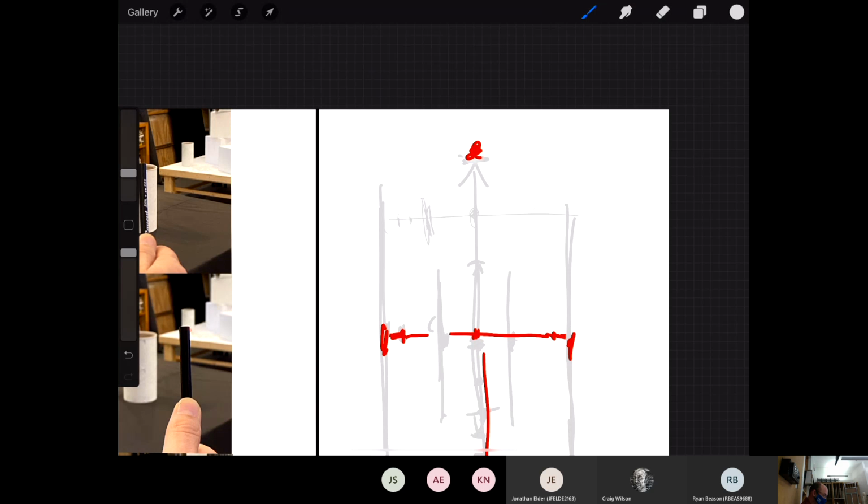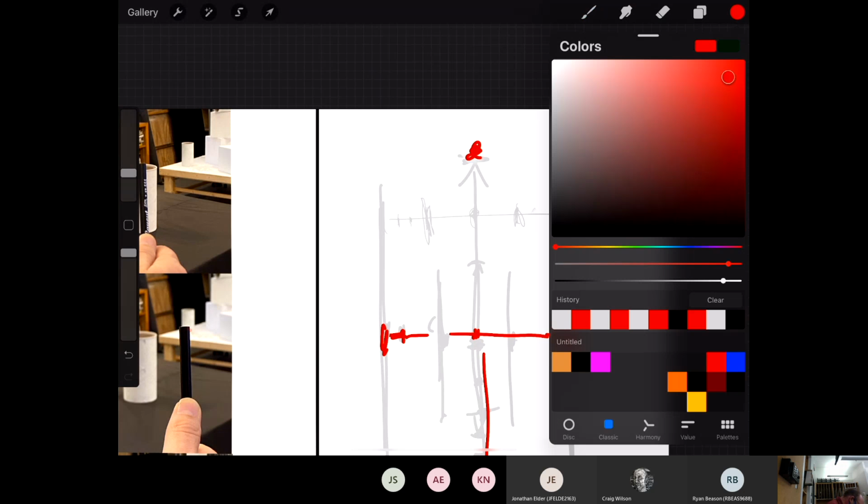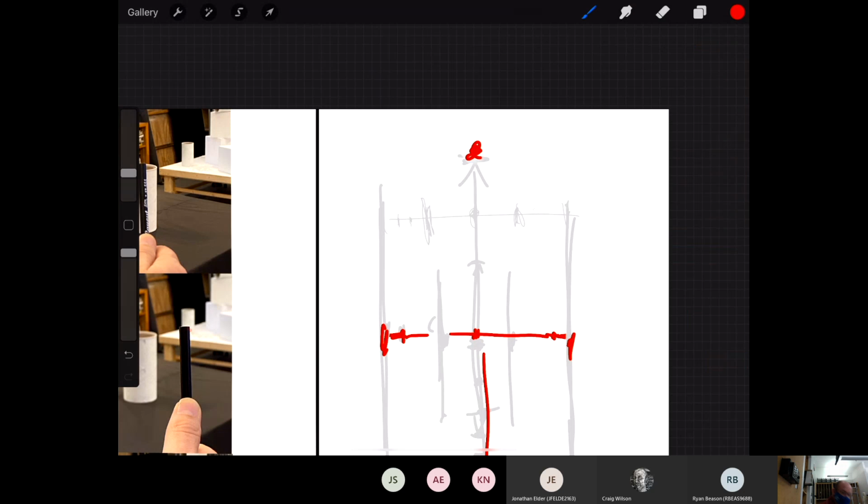1, 2, 3, 4. It's not making marks? Oh, you may not be able to see them. Can you guys see the marks I'm making out there in Teams land? Yes. Okay. Does that make sense? Is that a quarter?